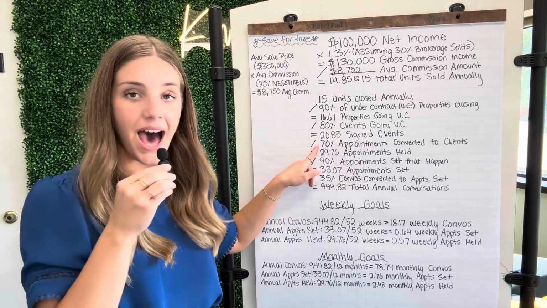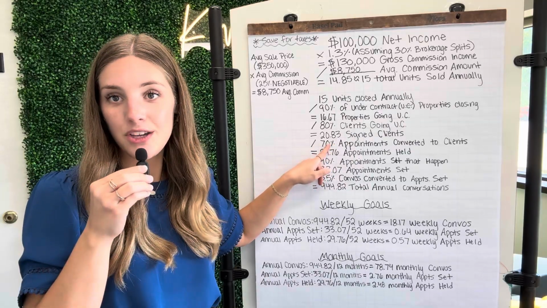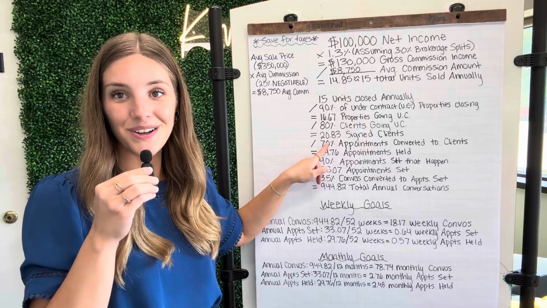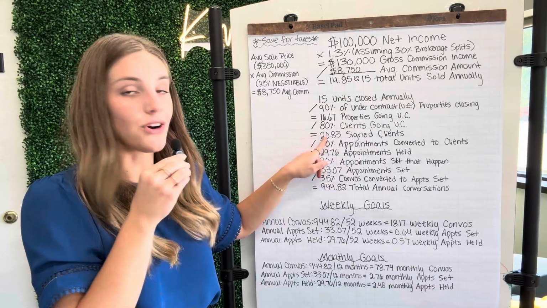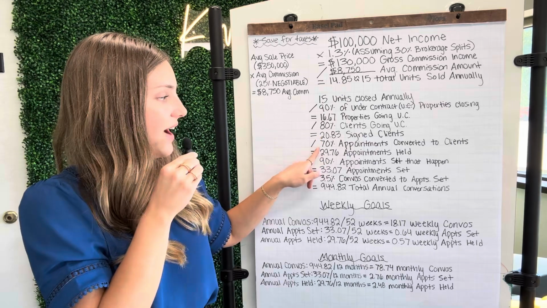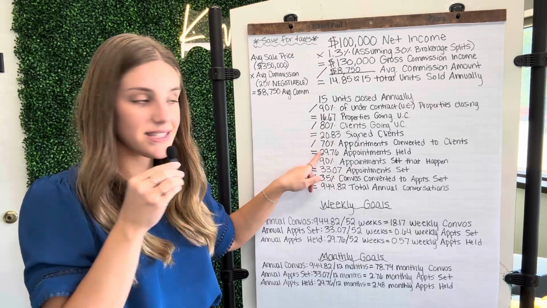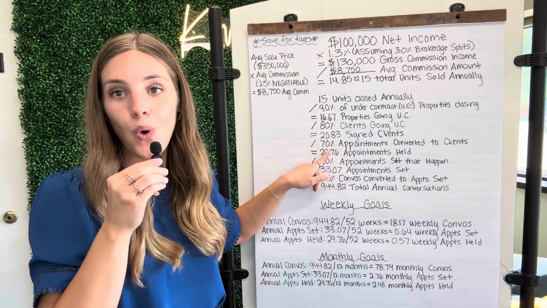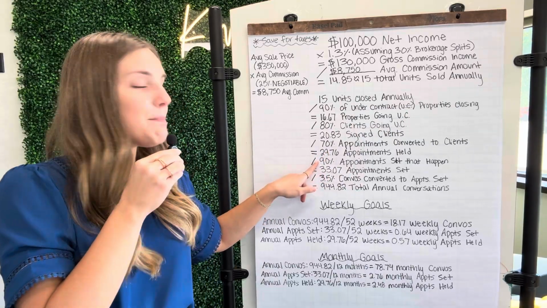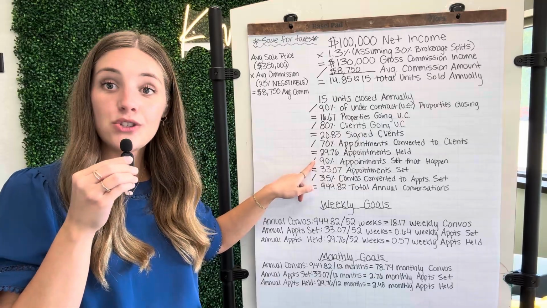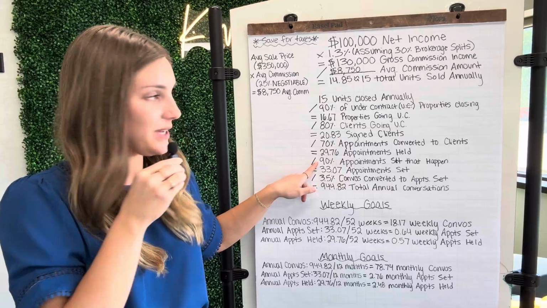Then we'll divide that by 70%, assuming that 70% of the appointments for buyers or sellers that you go on will actually turn into clients. So we take our 20.83 and divide it by 70% to get 29.76 appointments that you need to hold annually. Now from here, we divide that number by 90%, assuming that 90% of the appointments that you set actually happen.